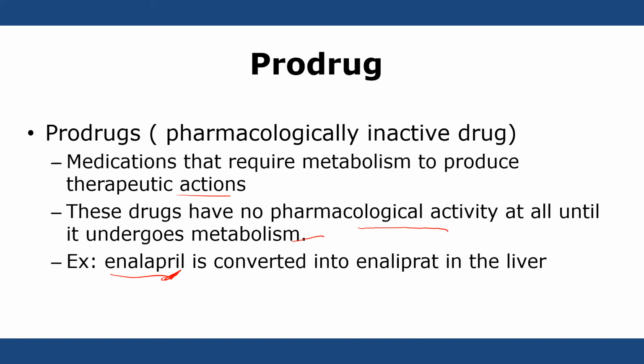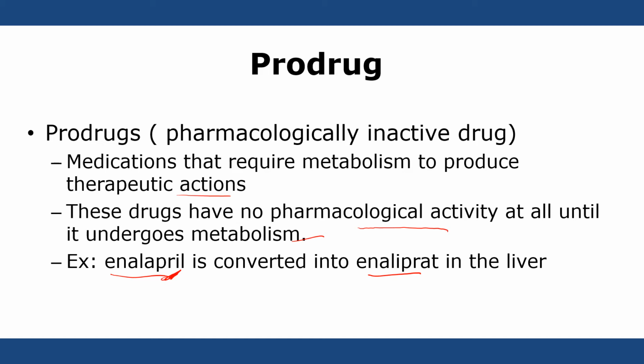So when you take enalapril, it is a prodrug, it is inactive. Eventually it will be converted into an active drug called enalaprilat by the liver. So any drug that is a prodrug is any drug that is inactive.